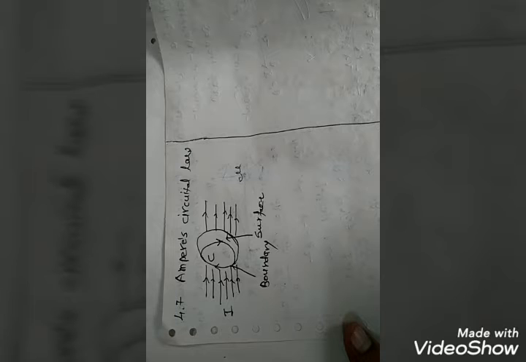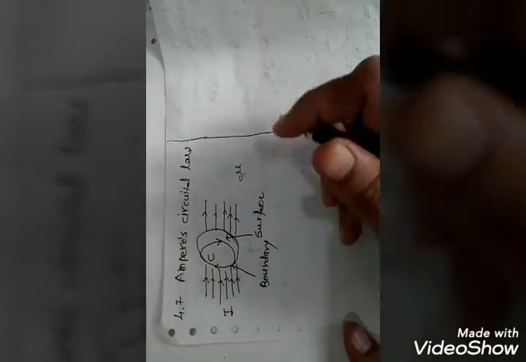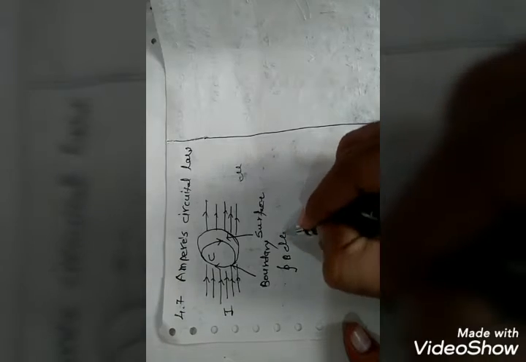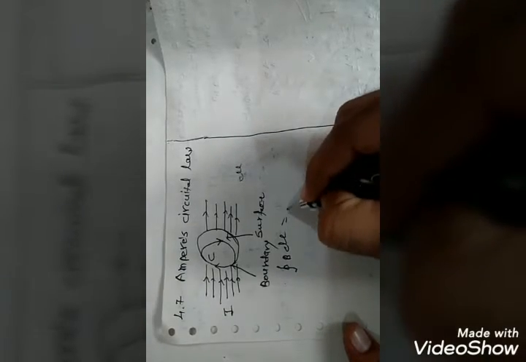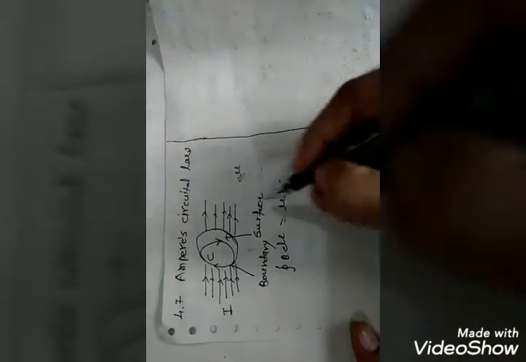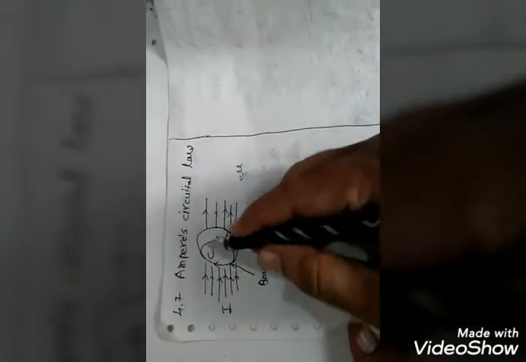Now Ampere's law states that this integral is equal to mu 0 times the total current passing through the surface. That is, the closed loop integral of B dot dl is equal to mu 0 I. Here I is the total current passing through this surface.